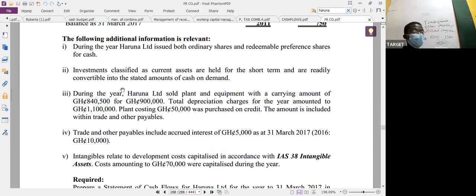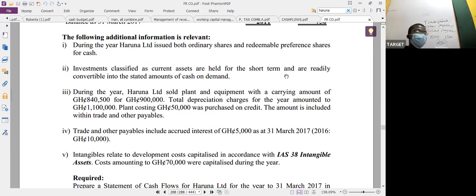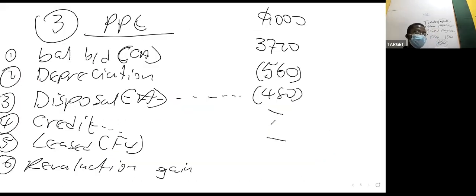The amount is included in the trade and other payables. So you go and take it off. So this 50,000, that is the credit aspect I place here. So I'll come and put 50,000 here. If to be Haruna. Have you seen the paper like this? But this question we don't have. It does not mean that we cannot bring it.